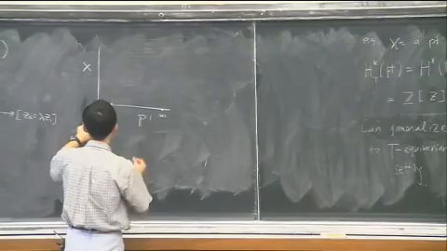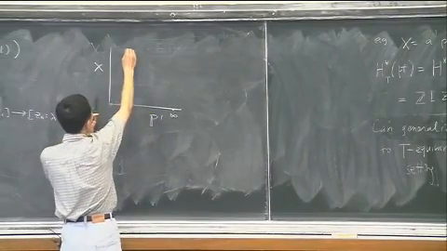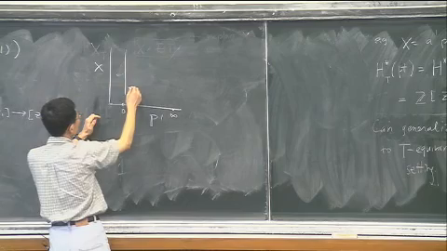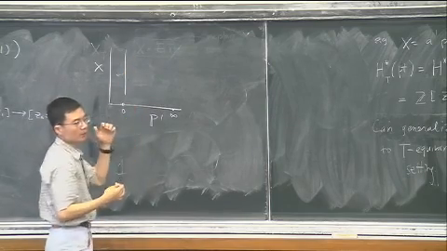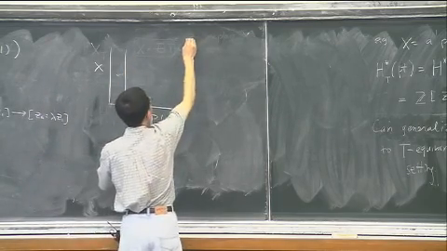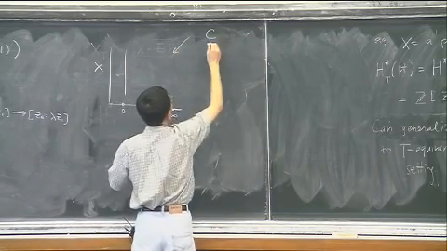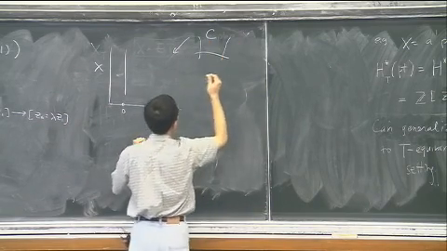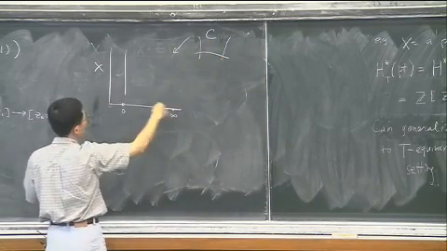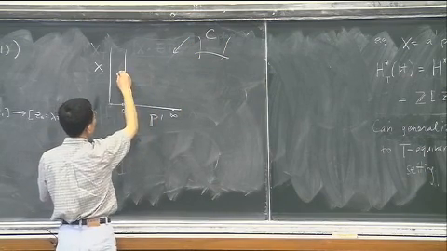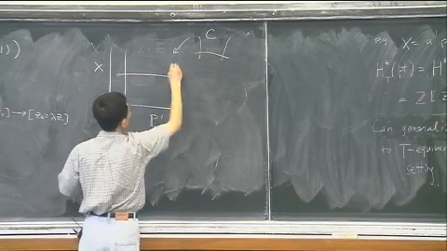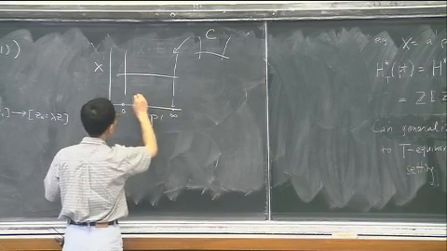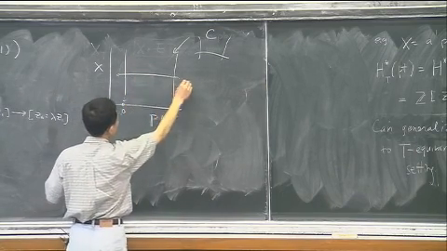Well, the map can map to X, but it has to map to X sort of this way. So I'm drawing the image of my domain. My curve will be something like this, and it will map to my target like this. So this guy is over infinity and over 0, and this will be some kind of horizontal.